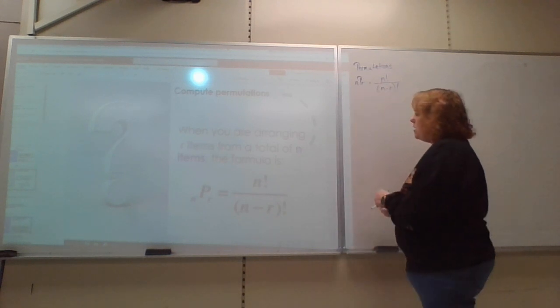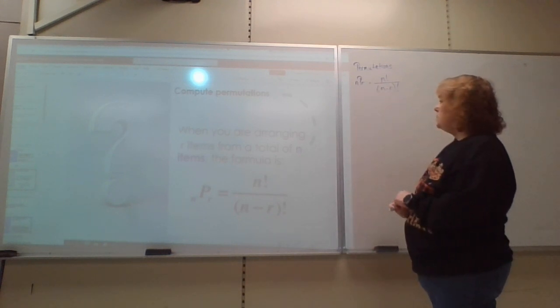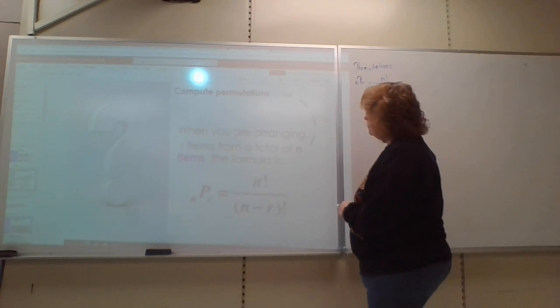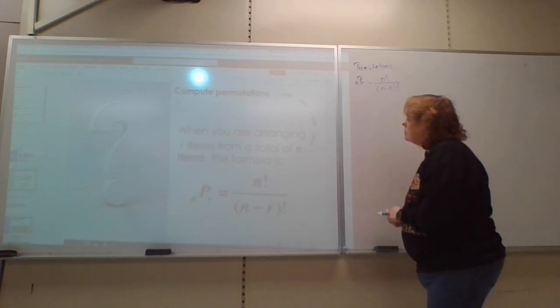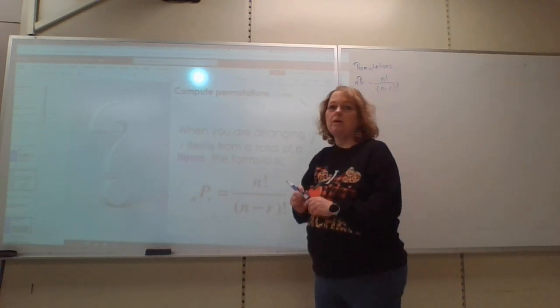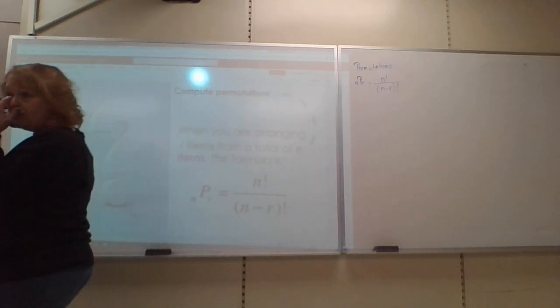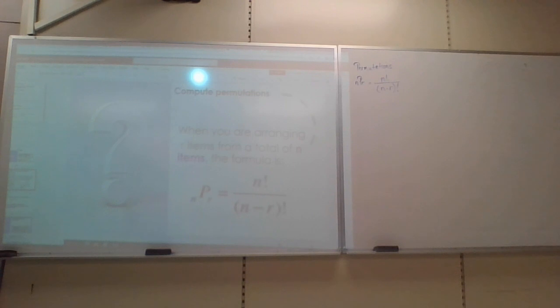That's when you're arranging R items from a total of N items. And your N will be your total, so it'll be your bigger number. This is just the definition of it. Okay, everybody got that?